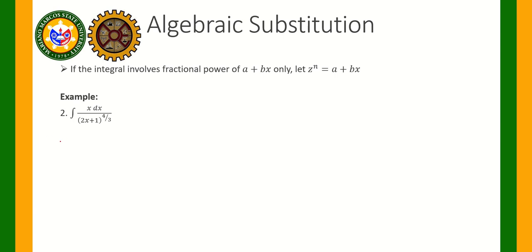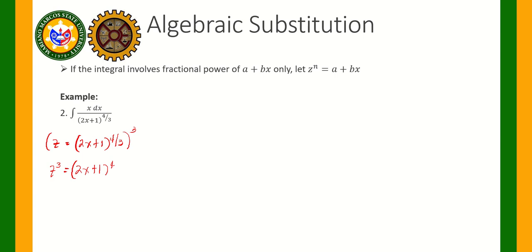How? Okay. Let z be equal to 2x plus 1 raised to 4 over 3. Okay, so anong gagawin natin para matanggal yung exponent niya? First, i-raise natin to into 3. Bakit? Para matanggal natin si over 3 dito. So, this will be equal to z cubed equals 2x plus 1 raised to 4 na lang.